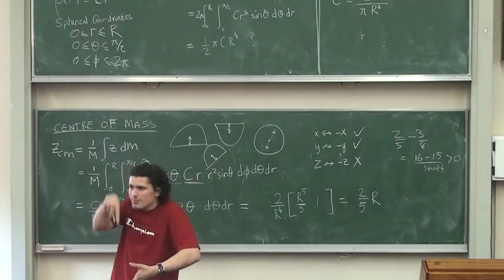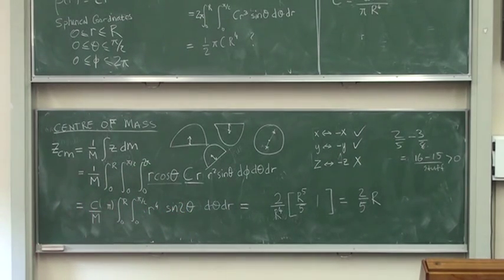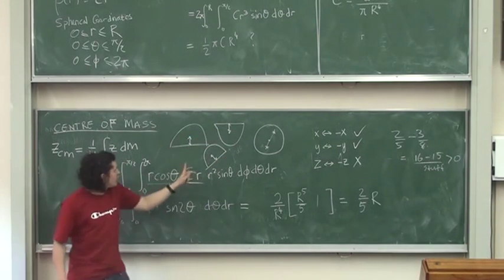It's going to be in the same place inside the hemisphere. For a sphere, the center of mass is the same. Any hemisphere, if you take the lower hemisphere, the center of mass will be this same down. The upper hemisphere was up.